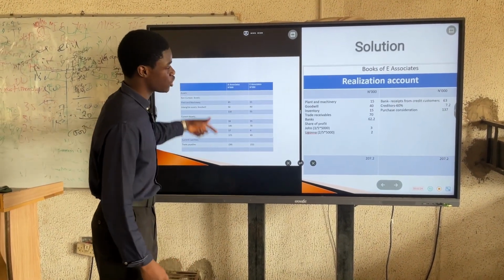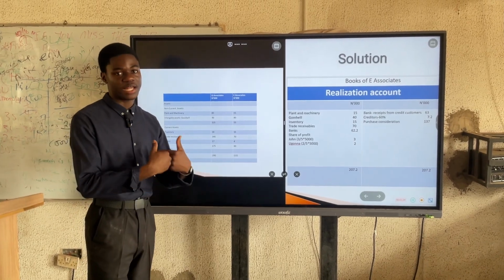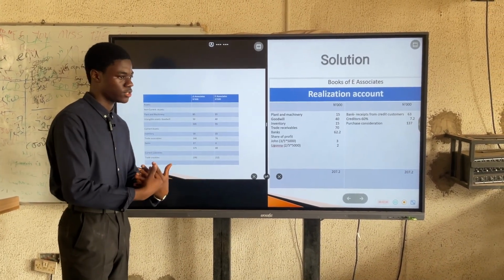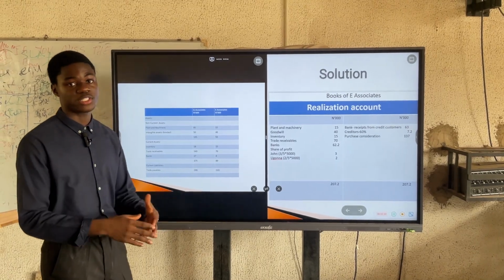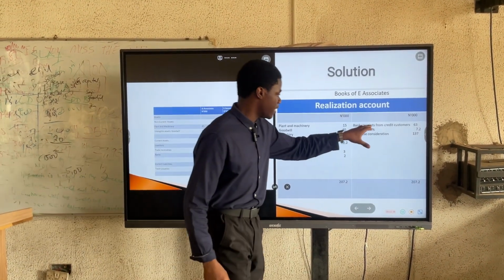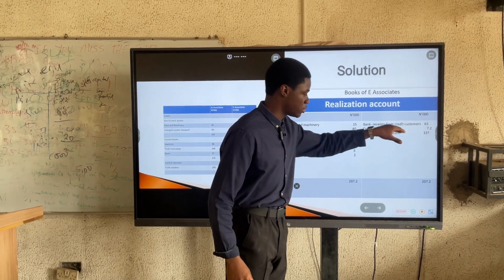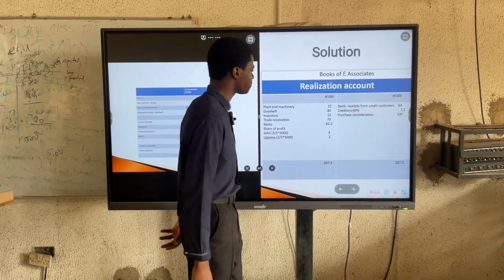And in the adjustment, they said they were only able to receive 63,000, meaning that's what they were able to realize from their trade receivables. The remaining 7,000 becomes a bad debt because they were unable to realize it. Therefore, we're going to record this here as 63,000 because that's what they were able to realize from their trade receivables.